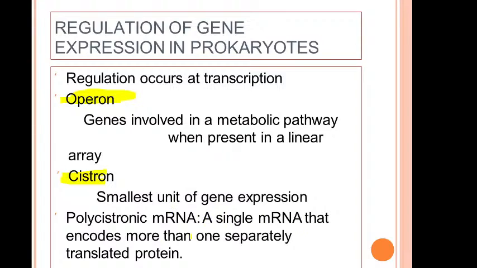A single mRNA that encodes more than one separately translated protein. So three terms are there: operon, cistron and polycistron.